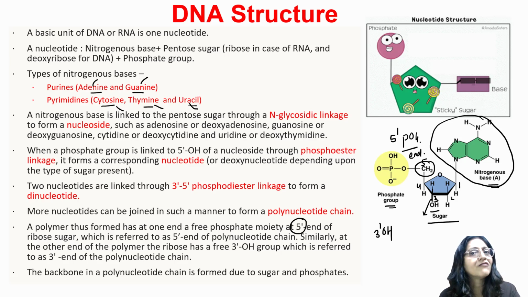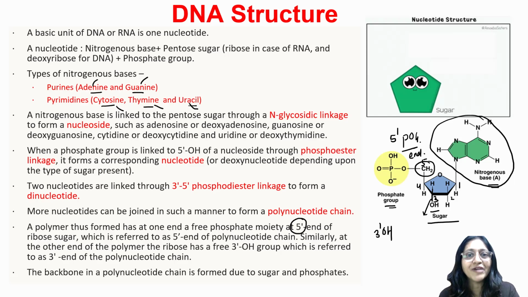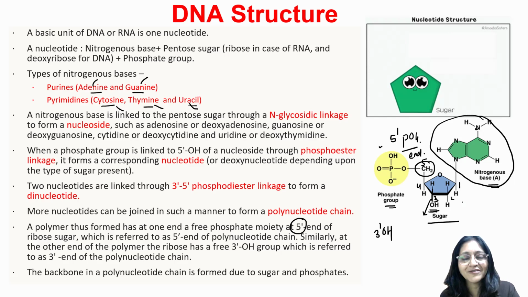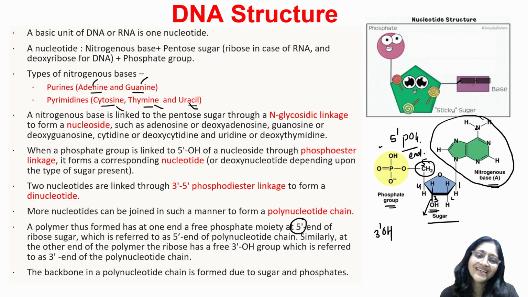Why do we have house numbers? In order to identify where you live, what is your house number. That gives your identity, that gives your address. Similarly here, if we have to talk about at which carbon you have the base, at which carbon you have phosphate, at which carbon you have the OH group, that is why we have given numbers to the carbons, so that we can identify them easily.